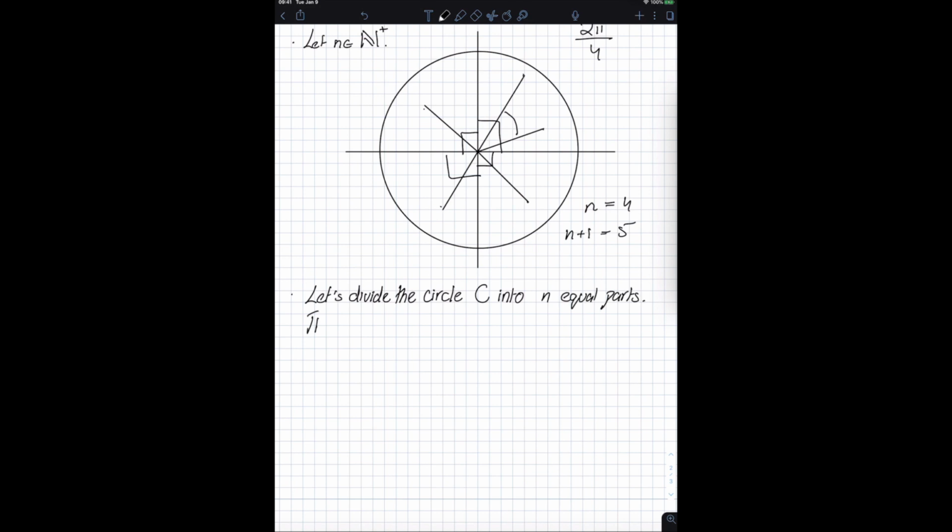Then the angle of each part, or the angle subtended by each part, should actually be equal to 2 pi over n.